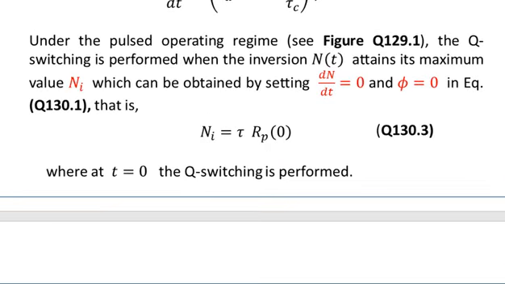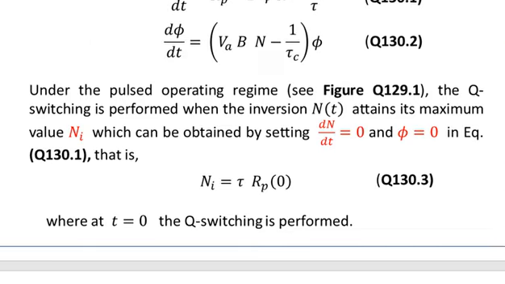So under the pulsed operating regime, I have discussed briefly figure number 1. The Q switching is performed when the inversion N as a function of time attains its maximum value Ni, which can be obtained by setting dN/dt equal to 0 and phi equal to 0 in equation number 1.